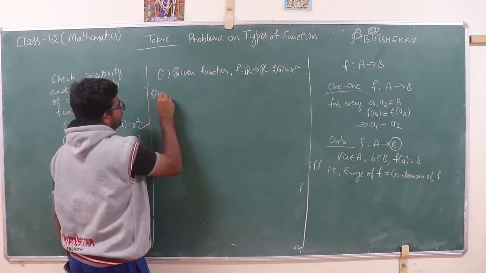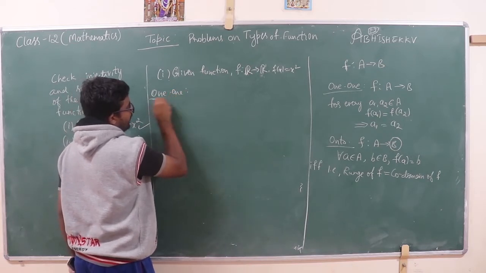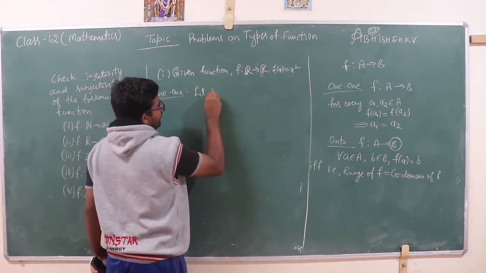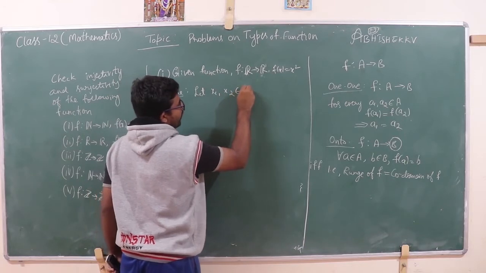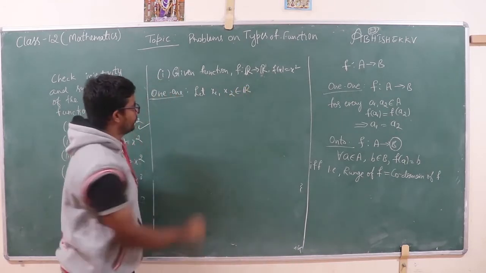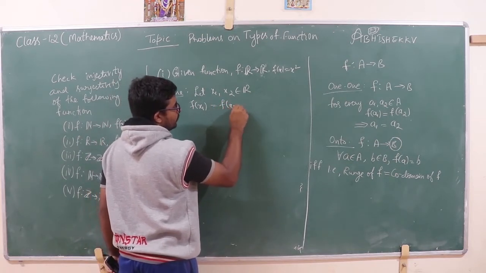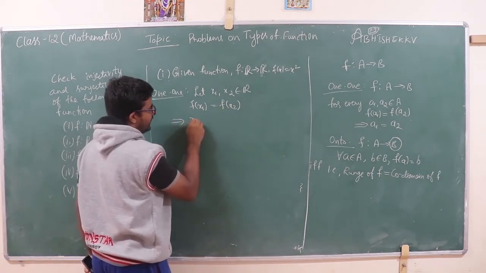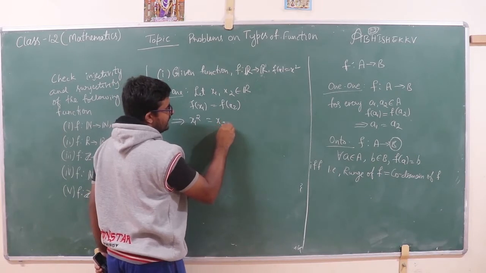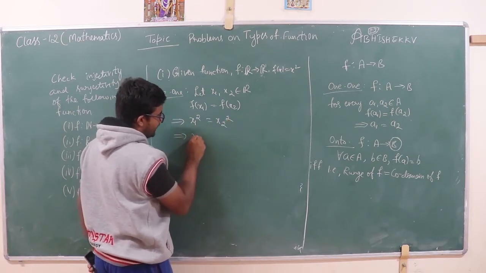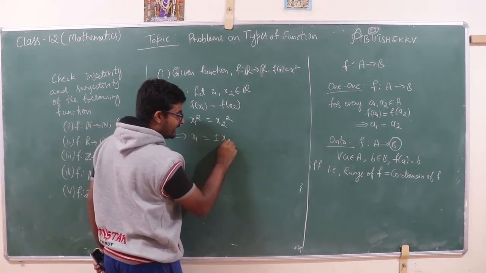Let us check one more. Already told you, let x1, x2 belong to the set of real numbers. See, f of x1 is equal to f of x2. This implies x1 square is equal to x2 square. Taking the square root, the square root gets cancelled. Then we are left with x1 equal to plus or minus x2.